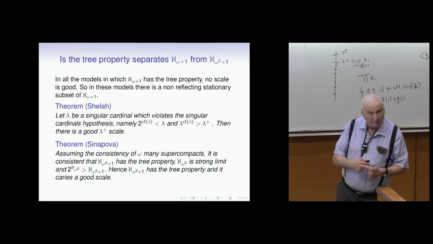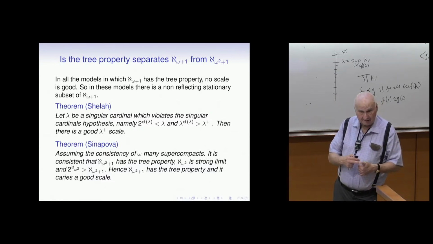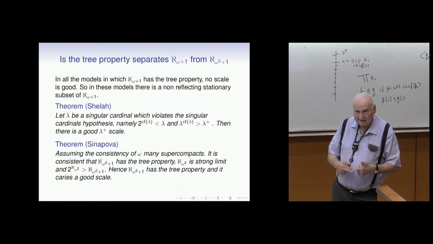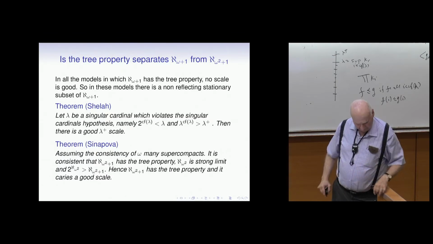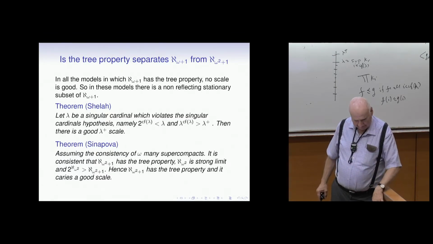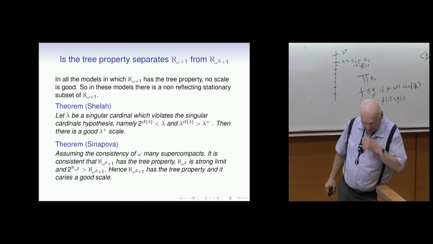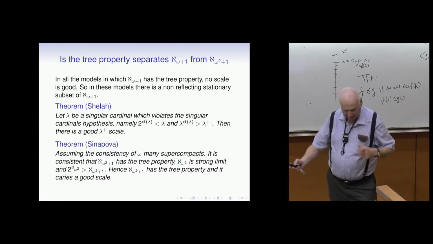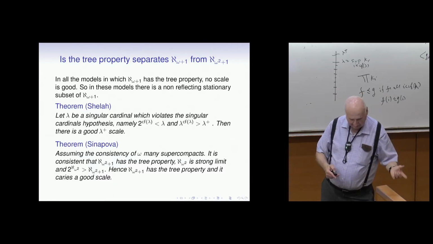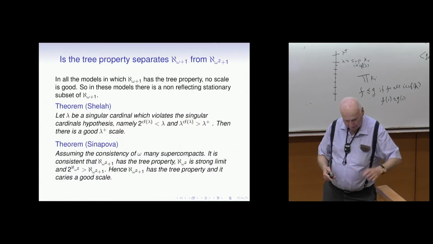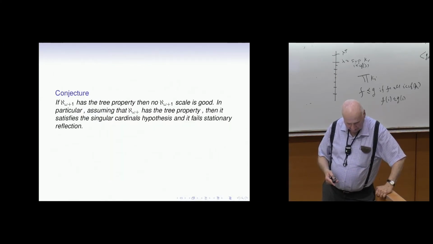Now, since Aleph Omega square in this model, of course, violates the singular cardinal hypothesis, there exists a good scale. So that means that you can have the tree property and have a good scale. So these two things, this reflection property and the anti-reflection property, can live together.